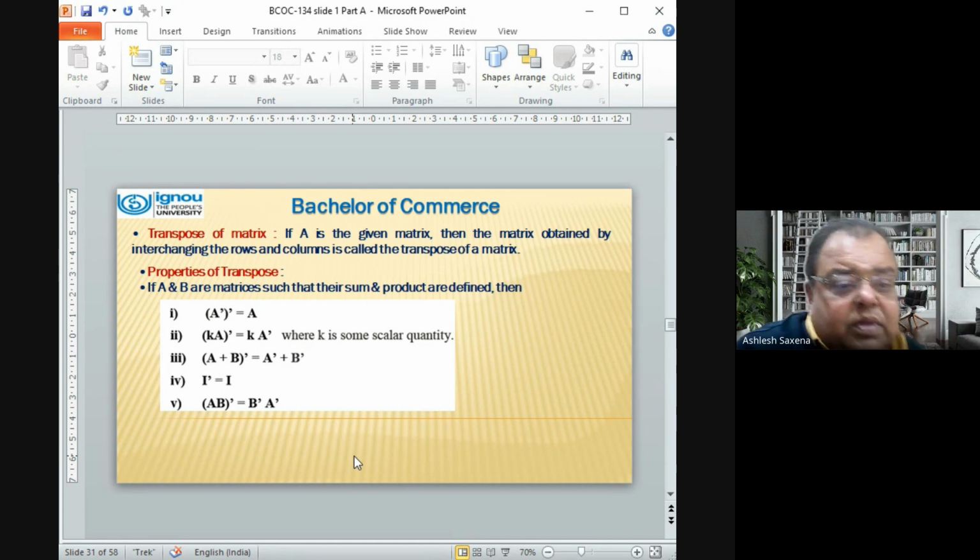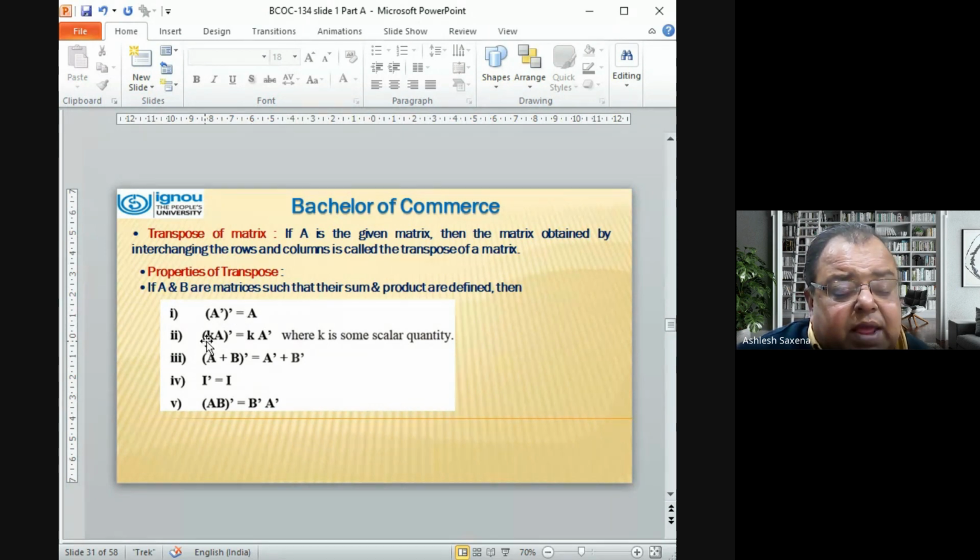And it is denoted by A apostrophe, A star, A dash, anything. If you transpose 2 times, A dash, dash, you will get A.